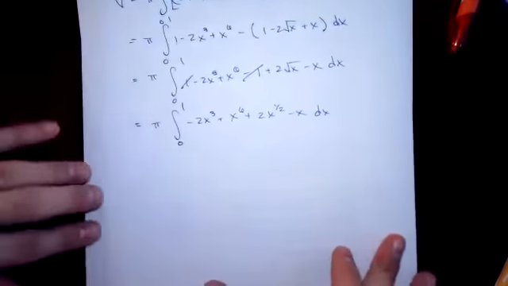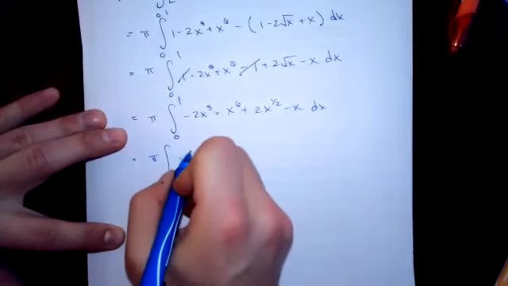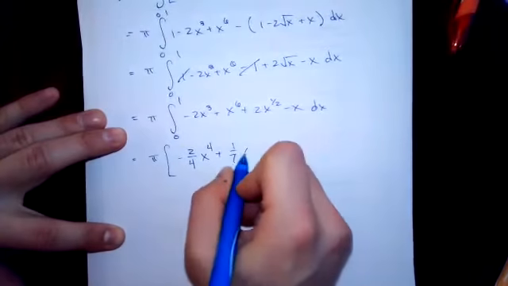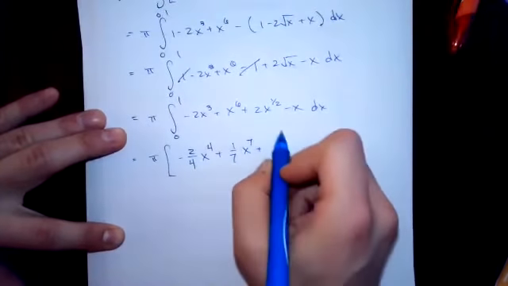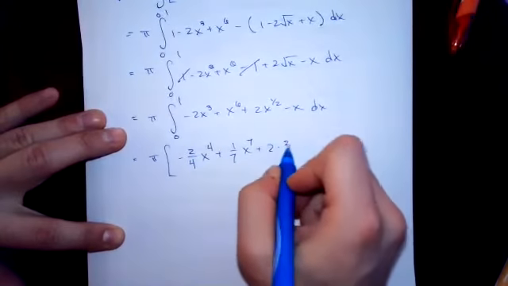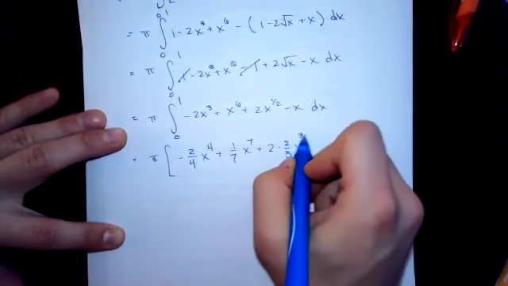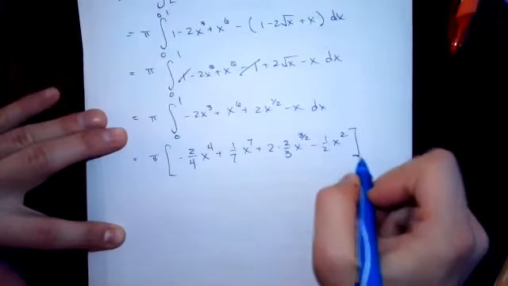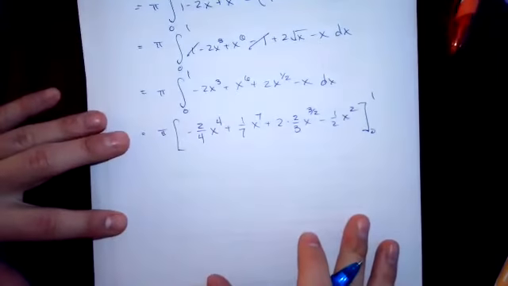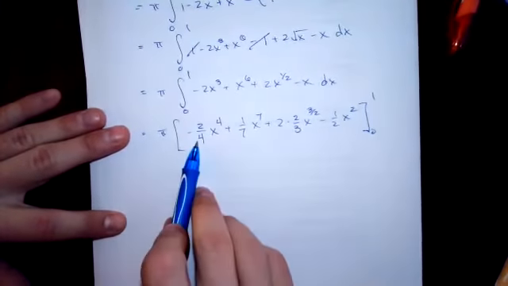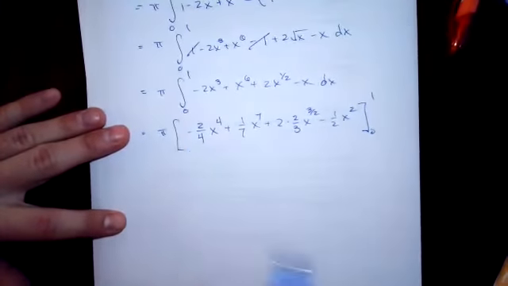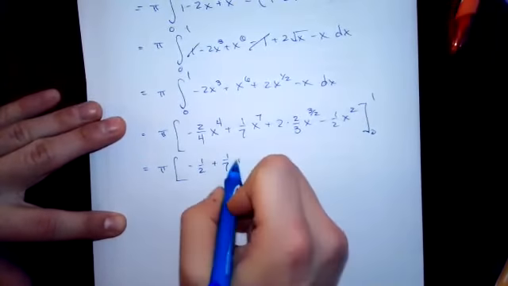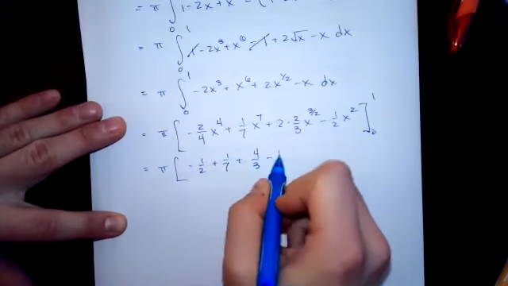And then integrating, we've got minus 2/4 x to the 4th plus 1/7 x to the 7th plus 2 times 2/3 x to the 3/2 minus 1/2 x squared, 0 to 1. And then now, again, the 0 I plug in doesn't matter, just the 1, and it's going to pick out the coefficient. So I've got minus 1/2 plus 1/7 plus 4/3 minus 1/2.